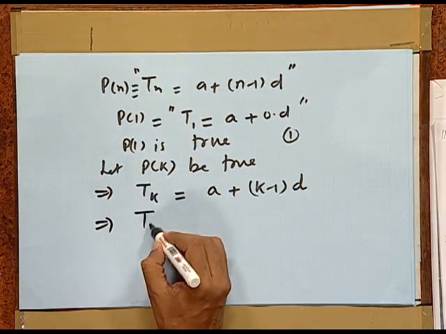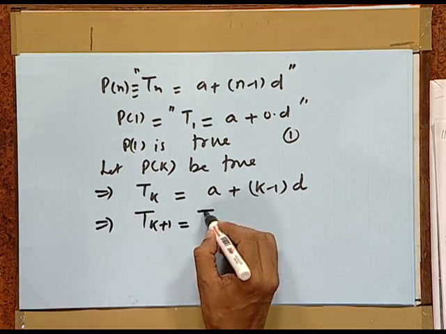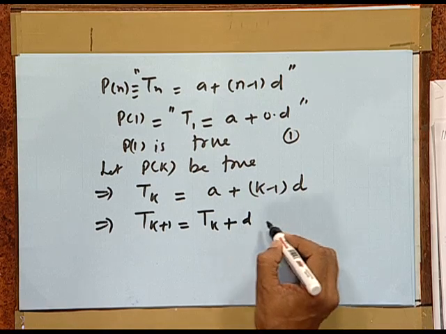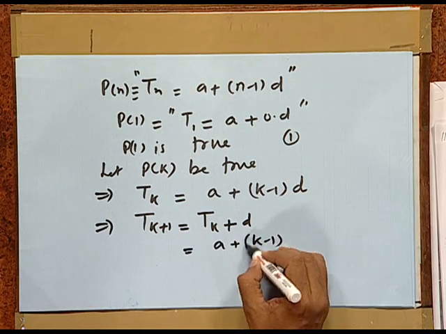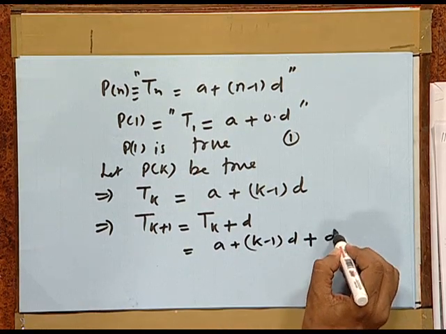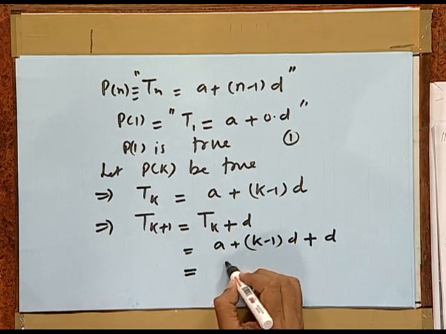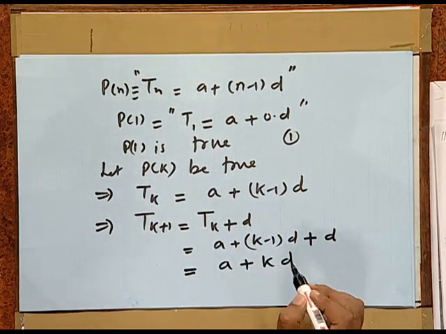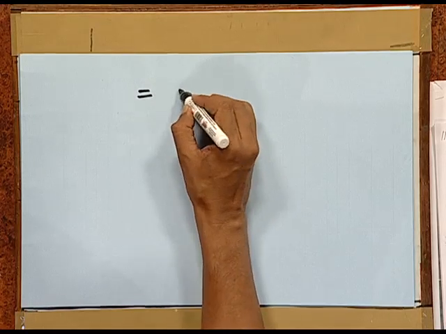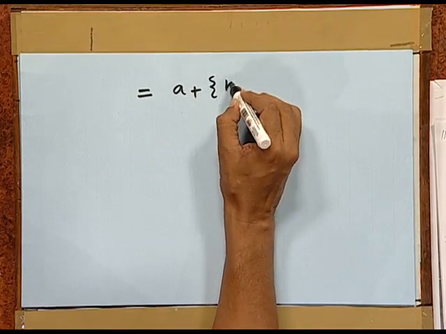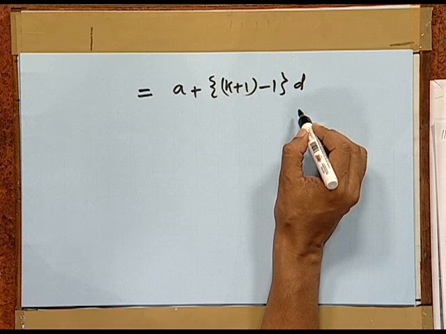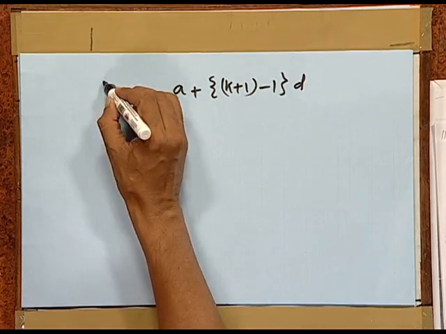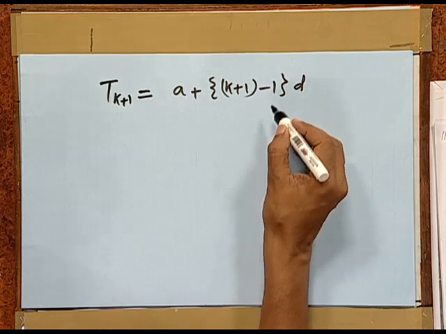Now, to obtain the next term, we have Tk plus 1 is just d more than the kth term, which equals A plus (k minus 1) d plus d, which equals A plus kd, which can be written as A plus ((k plus 1) minus 1) d. So, we have Tk plus 1.